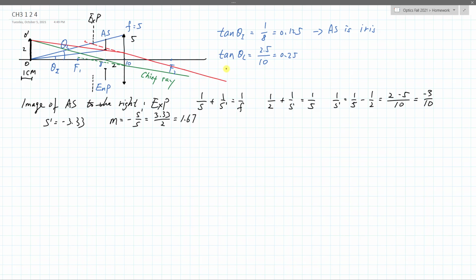Suppose I draw this long enough, I could find the image of the object. I didn't draw the green ray long enough. That's okay. The other extreme ray, or marginal ray, will be heading toward the other edge. I'll use the same color. Then it's going to refract, and that ray is going to go toward the optical axis as if it came from this edge here, with backward extension going through it.